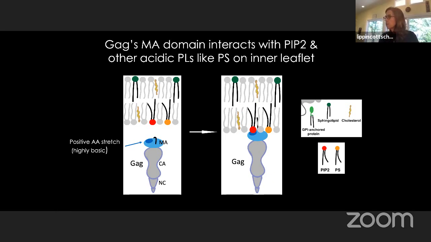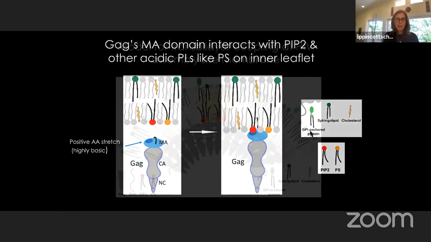And so does PS. And so the idea is if you start accumulating PIP2 and PS on the inner leaflet, those acyl chains will essentially start impacting the outer leaflet and start drawing in other long acyl chain proteins or lipids like sphingolipids and GPI anchored proteins.